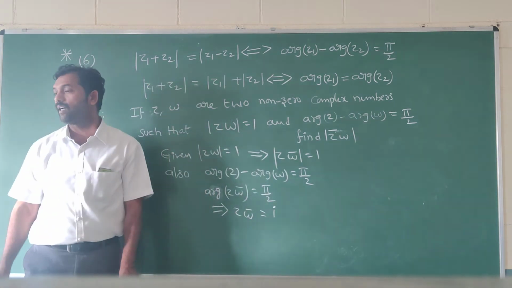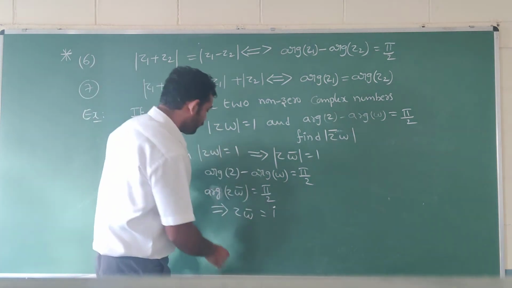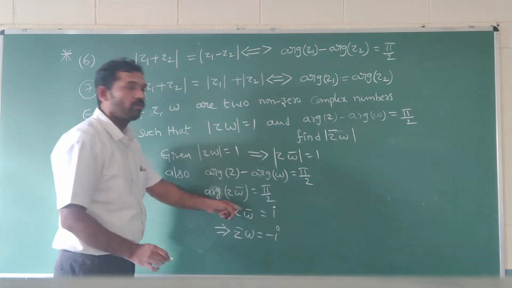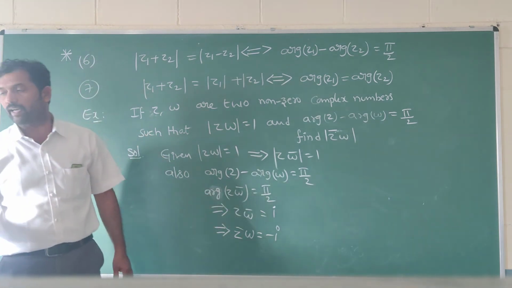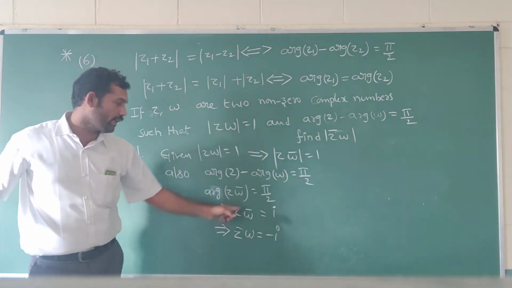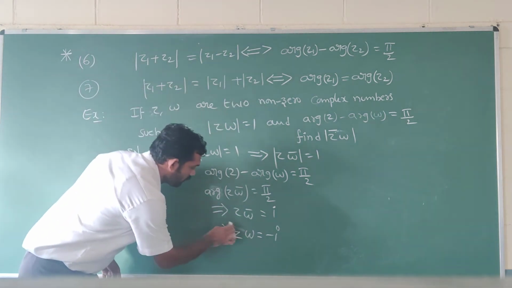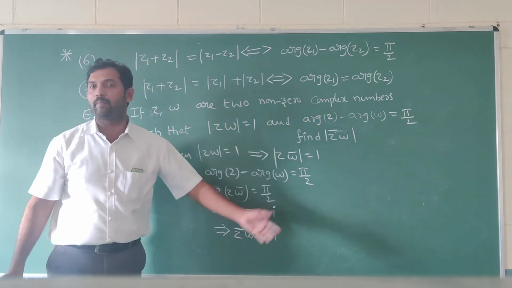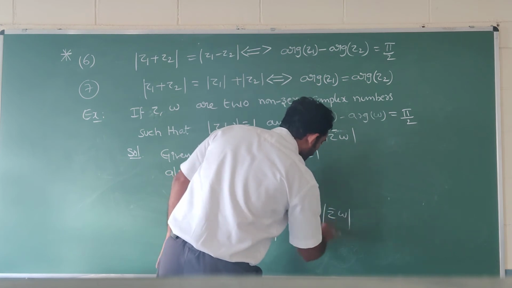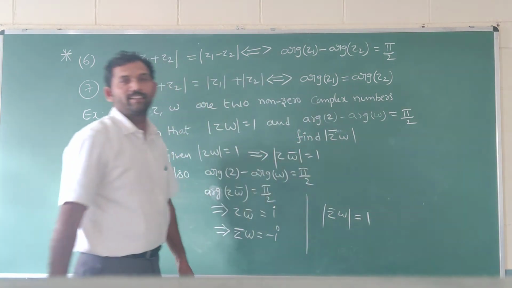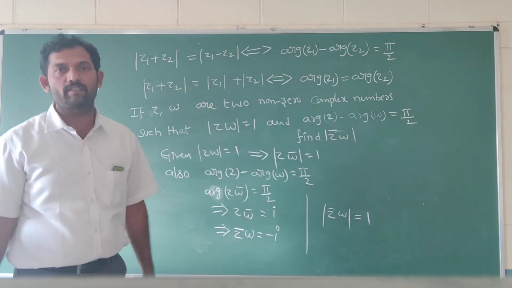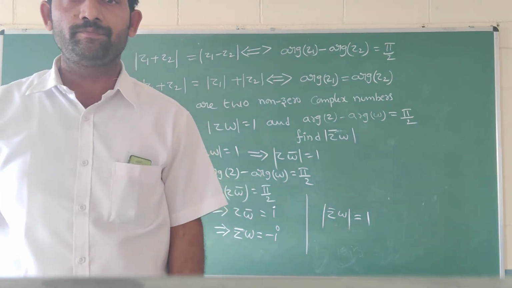Similarly, z bar omega is equal to minus i, since these two are conjugates. So z bar omega is minus i, and its modulus is 1. That is our solution. Note down fast.